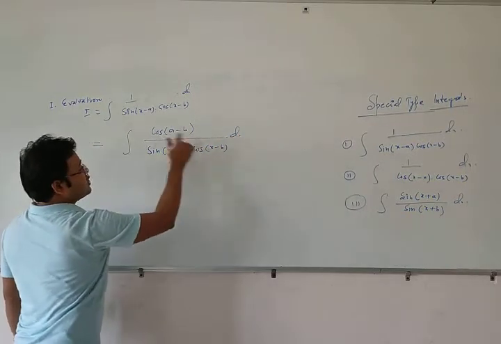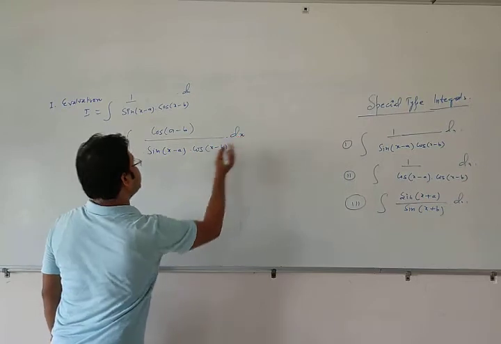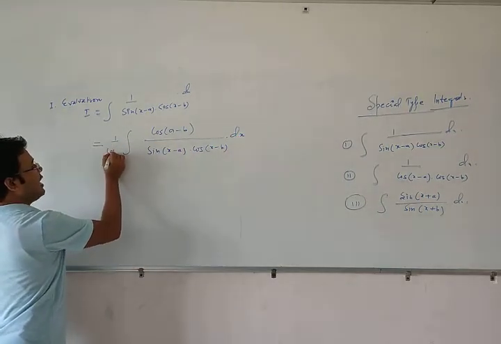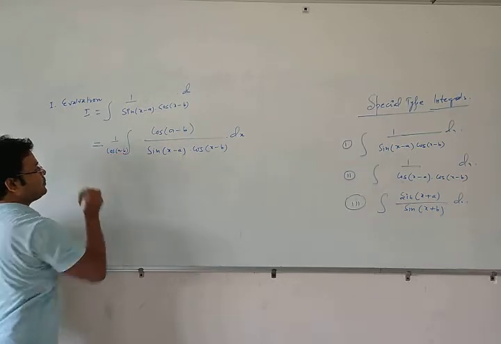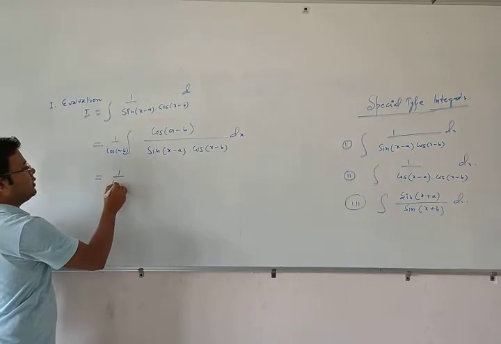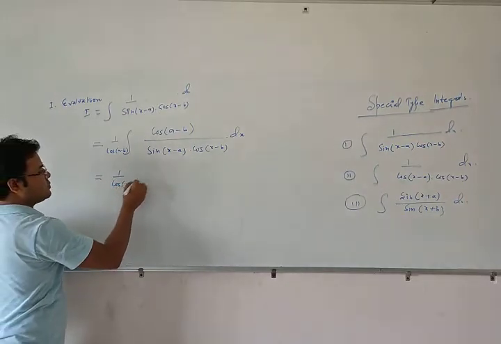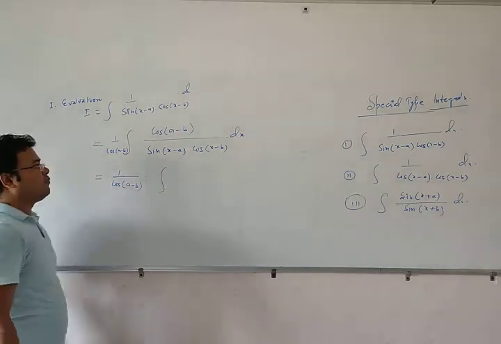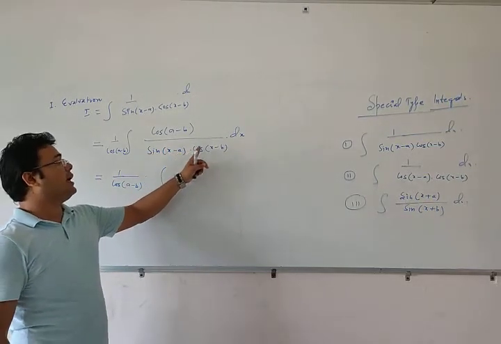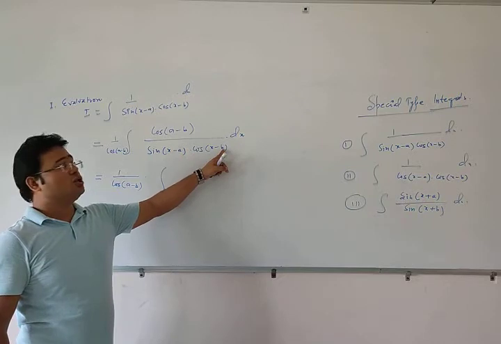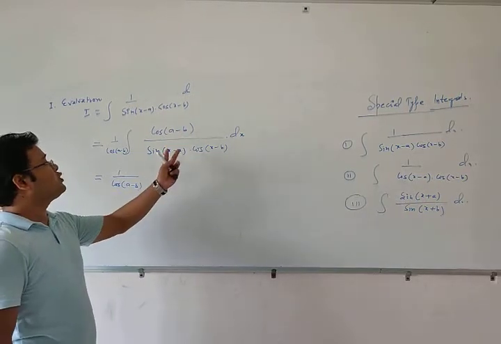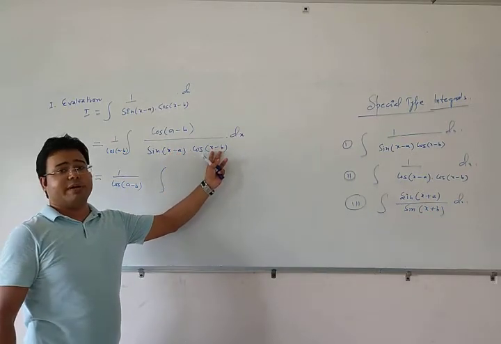If we write this constant term, then we have to manage it, so we have to divide this integral by cos(a minus b). Now 1 upon cos(a minus b). Here the angle of sine is x minus a and the angle of cos is x minus b, so we have to write the angle a minus b in the numerator in terms of x minus a and x minus b.